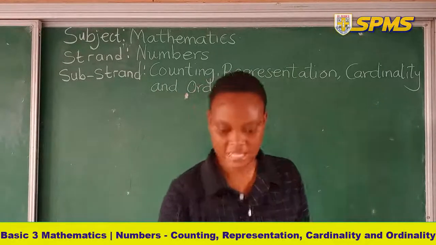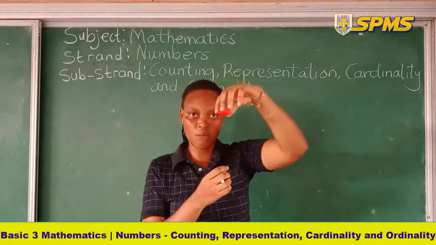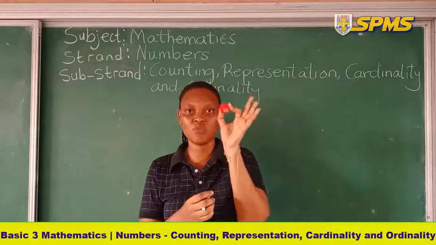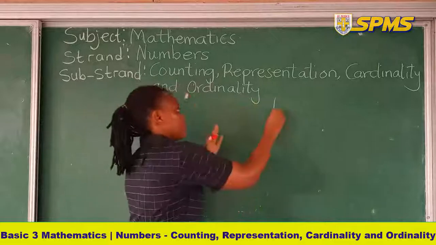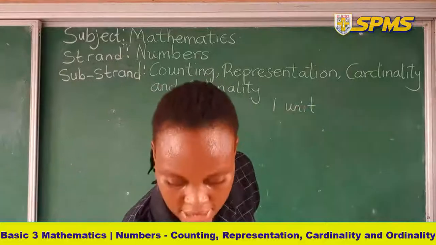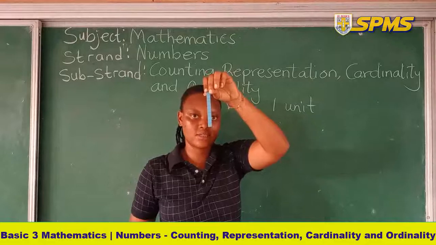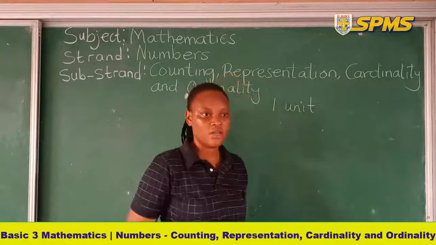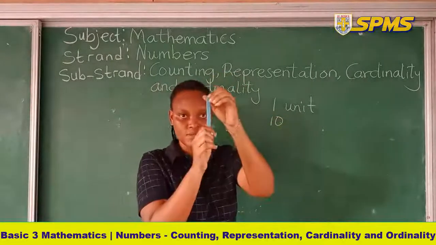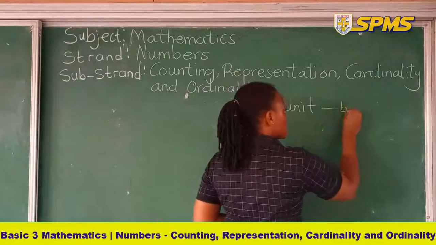So let's assume that this crown cork or bottle top is made up of ones, or it is in ones. That is 1 unit. And then assume that this block is in tens. So we have 10 for this block, and 1 is for the bottle top.